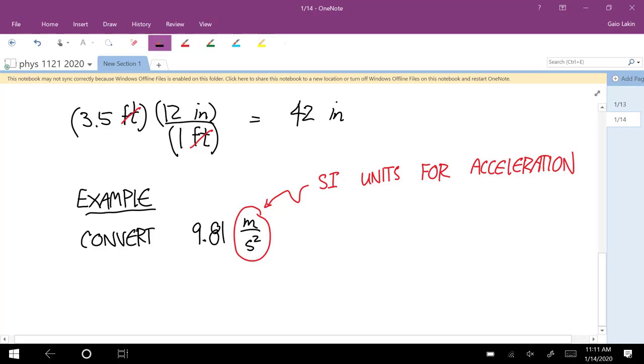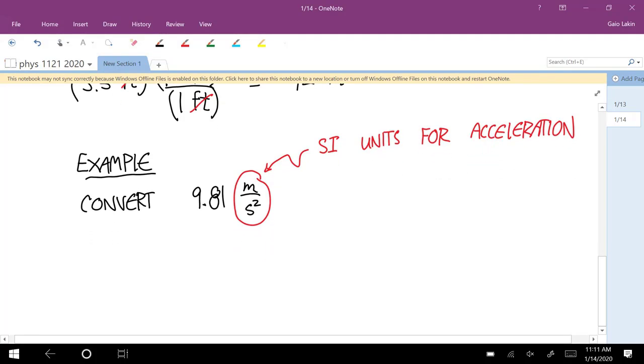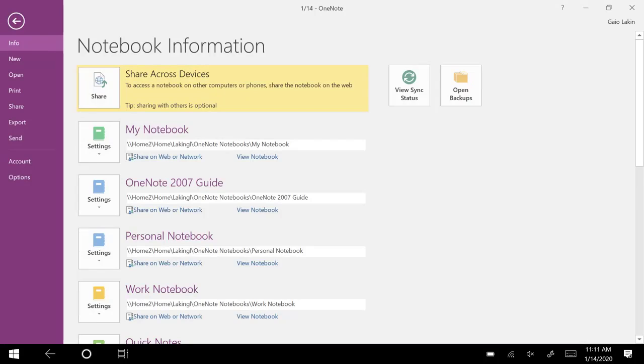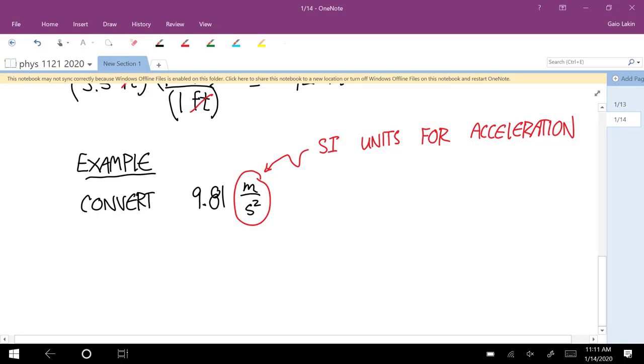And 9.81 meters per second squared is the acceleration of an object in free fall near the surface of the Earth. So we want to convert this to units of feet per minute squared.